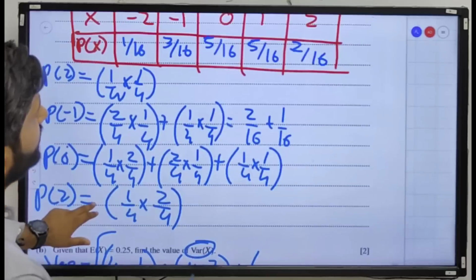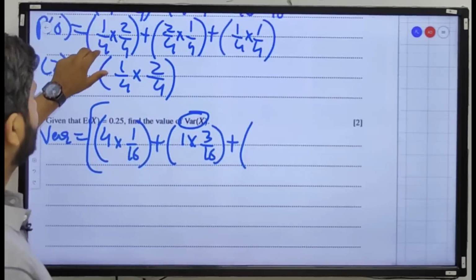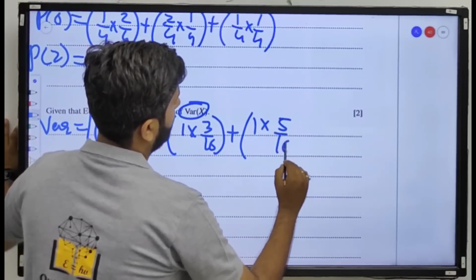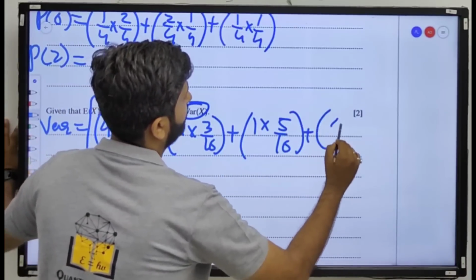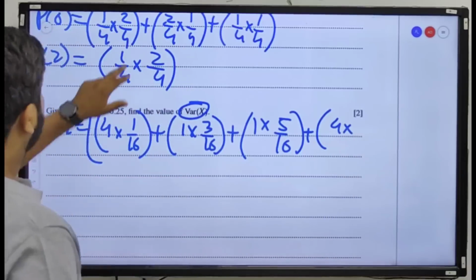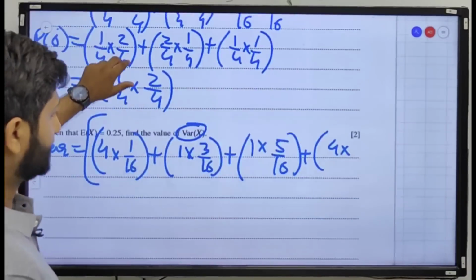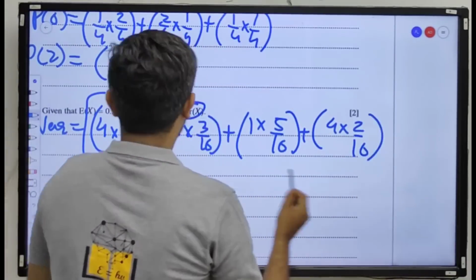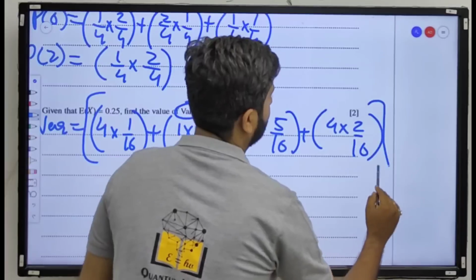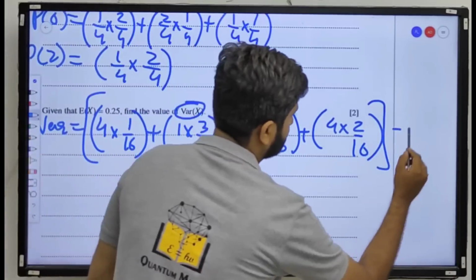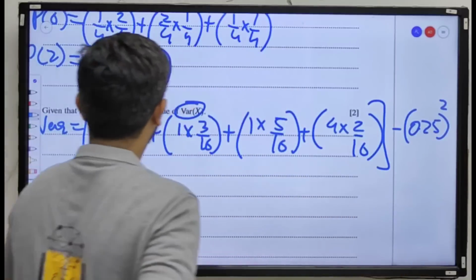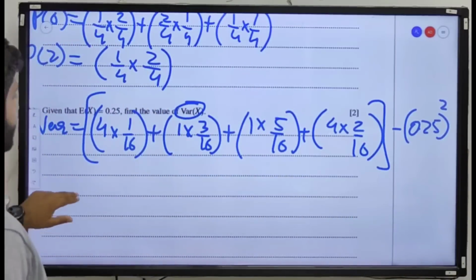So let us leave that. 1 square is 1 into 5 by 16, and 2 square is 4 into 2 by 16. From this we will subtract the mean square, which is 0.25 square.